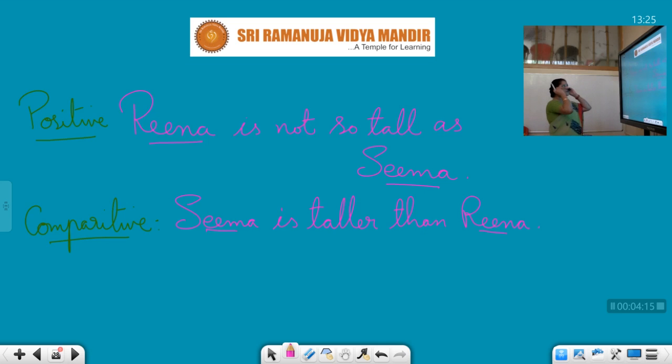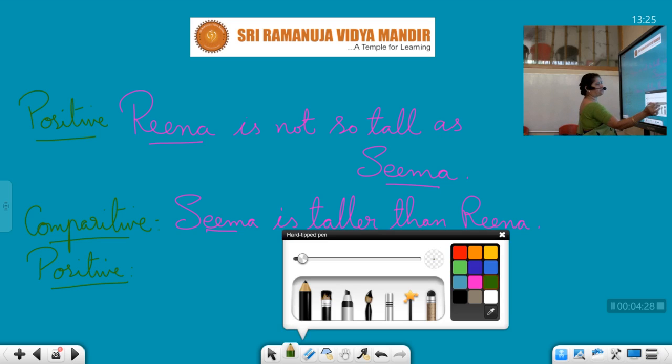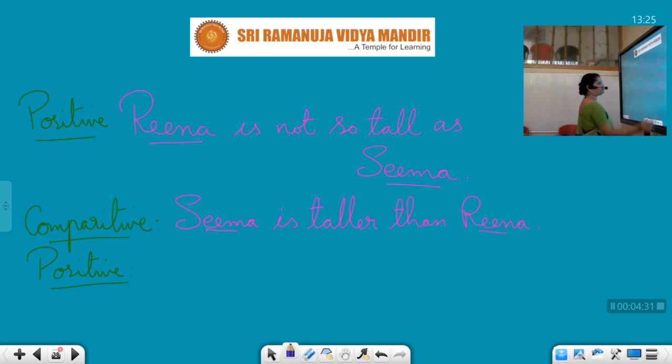So supposing I say in the positive case, Reena is as tall as Seema. Supposing I say Reena is as tall as Seema, and I have to write it in a comparative form.